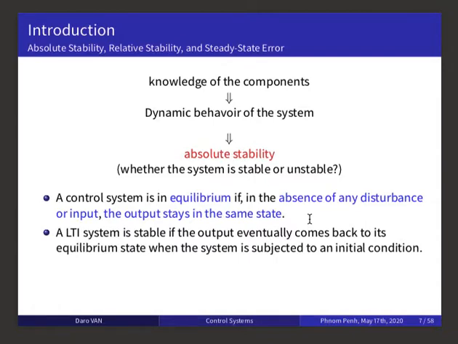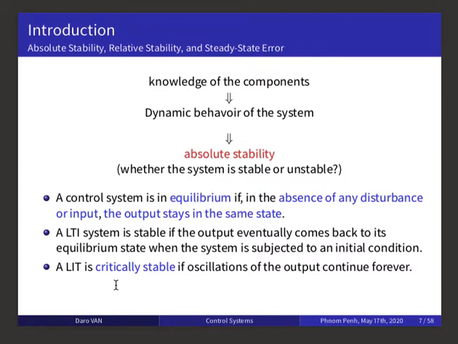Another thing that we need to know is that an LTI system is stable if the output eventually comes back to its equilibrium state when the system is subjected to an initial condition. For example, you inject the signal, and after a period of time, it comes back to its initial state.